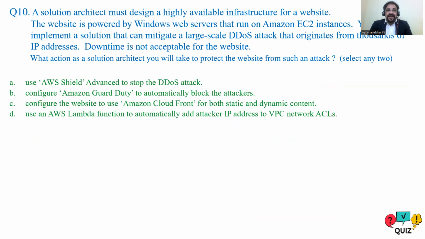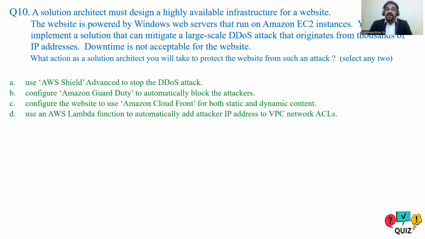Here comes the last question. A solution architect must design a highly available infrastructure for a website. The website is powered by Windows web servers that run on Amazon EC2 instances.